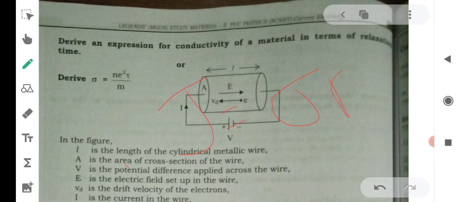The relation between these two is J equal to sigma into vector E. Here J means current density, sigma means conductivity, the reciprocal of resistivity, and E means electric field.